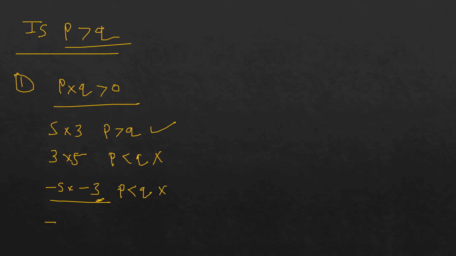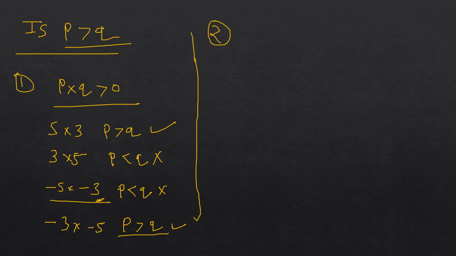And now if P is minus 3 and Q is minus 5, here P is greater than Q. This is a valid case. But with the help of statement 1, we cannot find any unique possibility or unique case. So this is an invalid condition. So statement 1 alone is not sufficient to answer whether P is greater than Q or not.